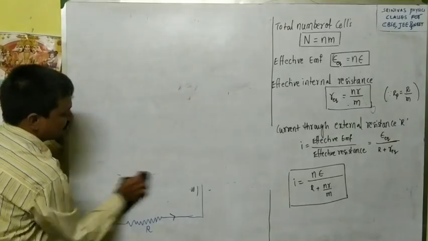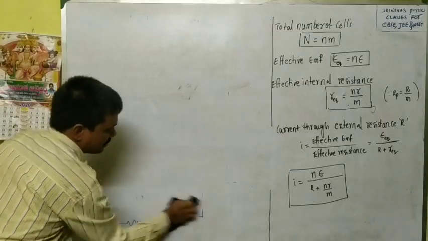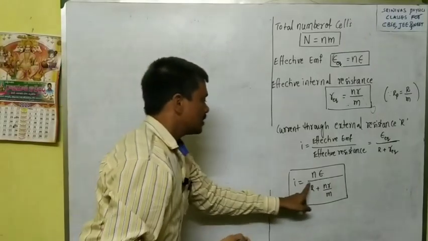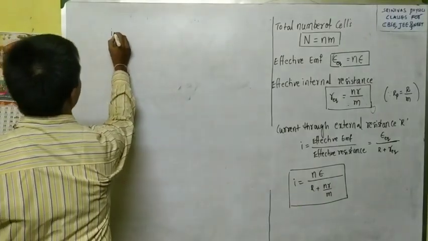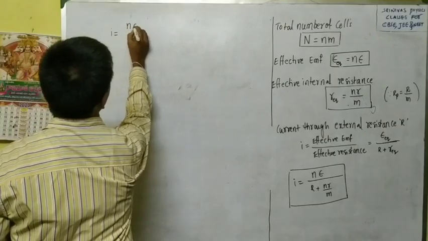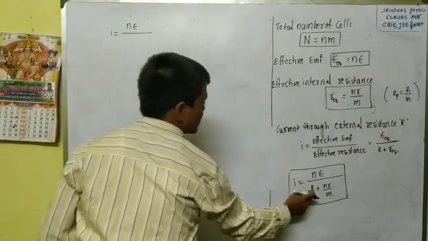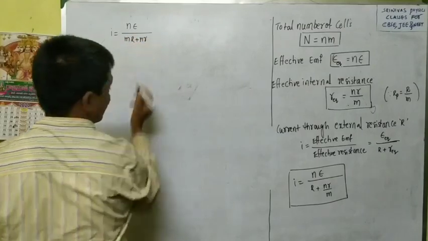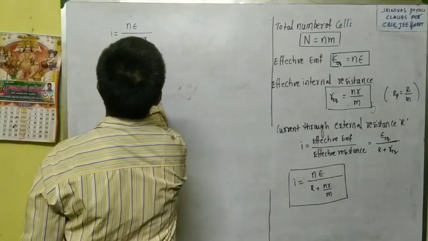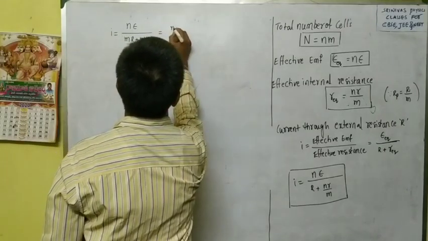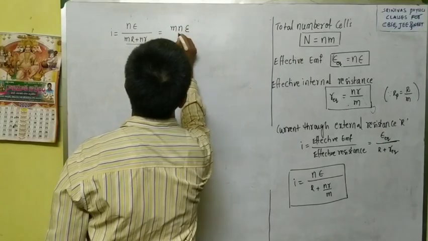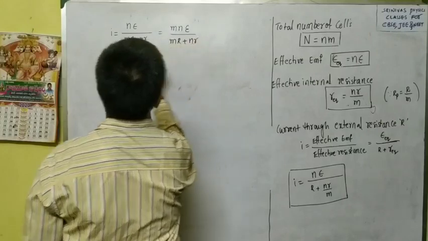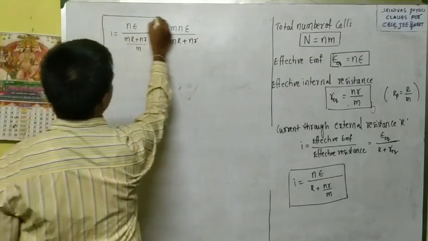It was very simple, if we do the simplification, we will get I is equal to NE by, this is LCM, MR plus NR, by M. This M goes to the numerator, then we will get MNE by MR plus NR. Okay, this is one more formula for the current.